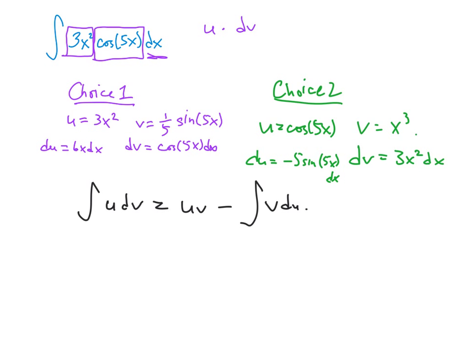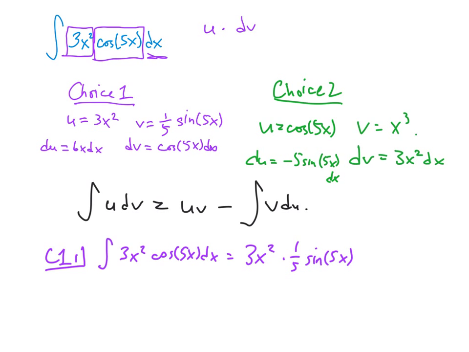Anyway, let's work out what each choice is going to produce. In choice 1, we're going to wind up with the integral of 3x squared cosine 5x dx. That's going to be uv, which would be 3x squared times 1/5 sine 5x, and then you'd be subtracting the integral of v du.